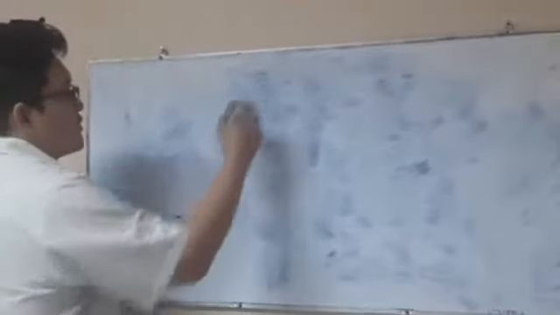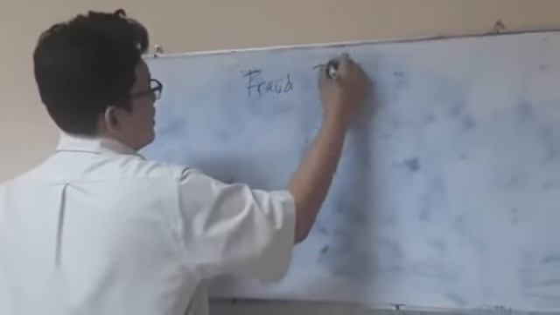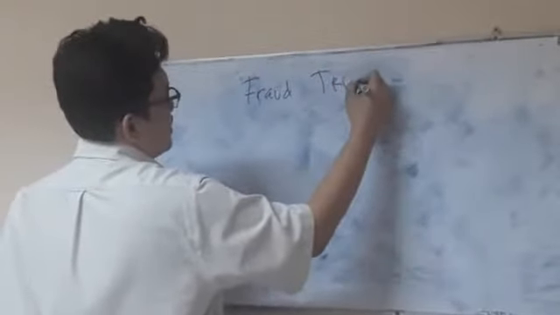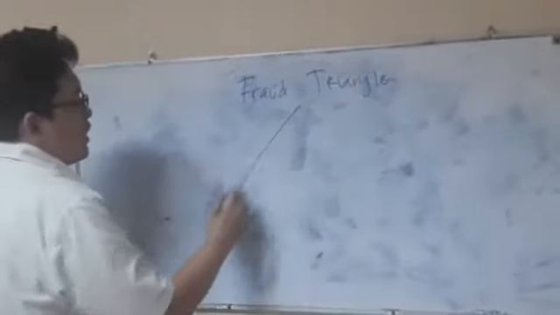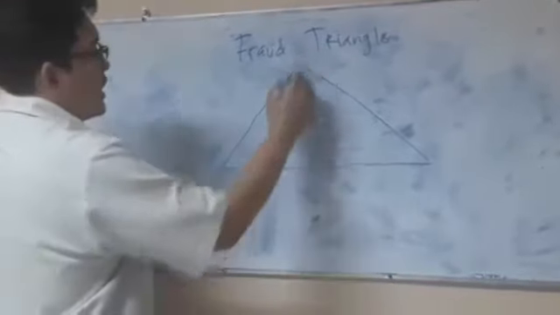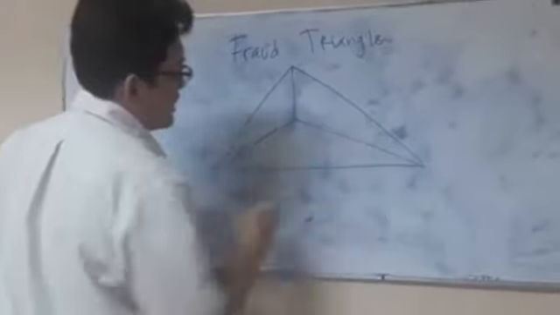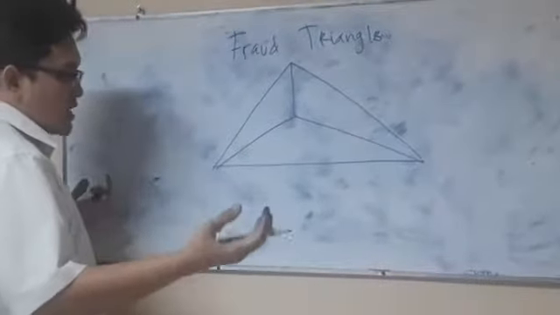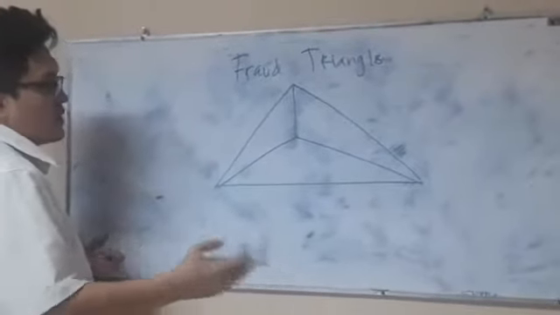I will draw the fraud triangle. I will draw a triangle and divide it into three areas. Why must people cheat and commit fraud to get financial benefit?